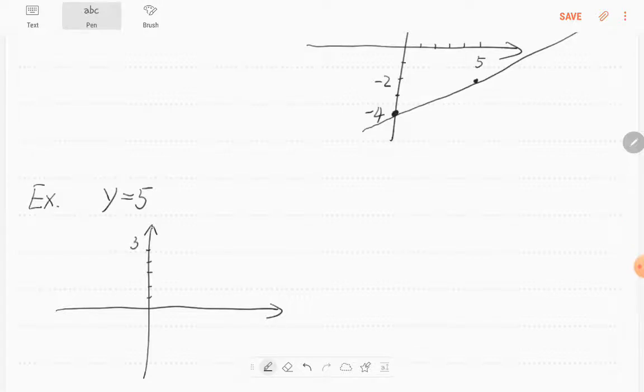No matter what x is, x equals 0 gives 5, x equals 1 gives 5, x equals 2 is also 5. So this represents a horizontal line. If y equals a constant, it is a horizontal line.